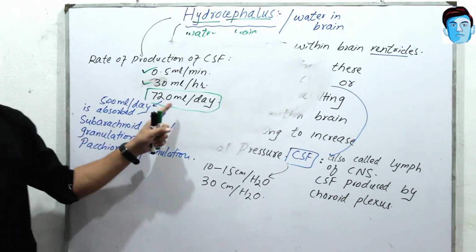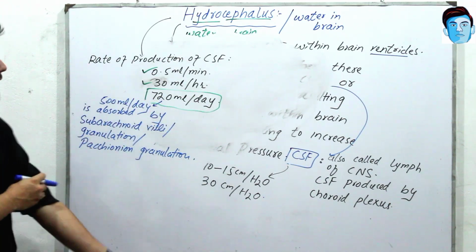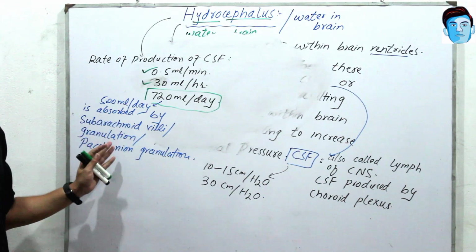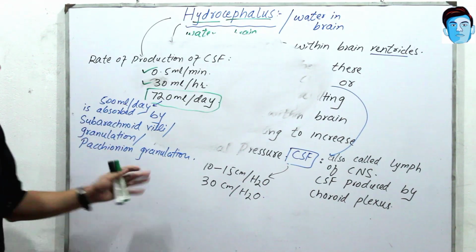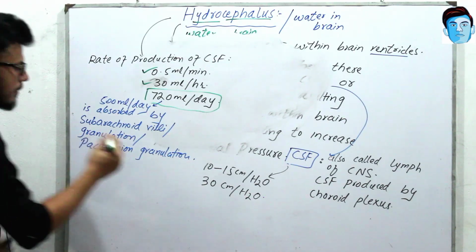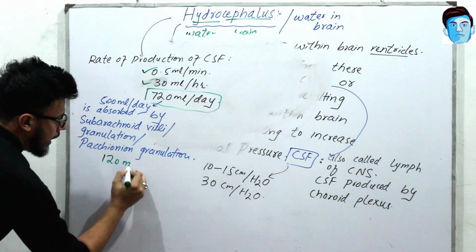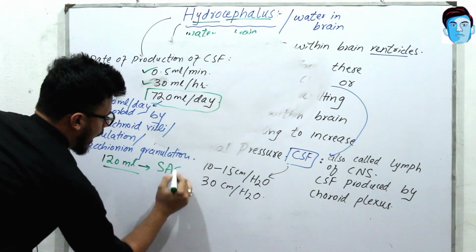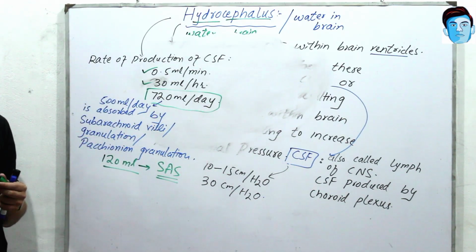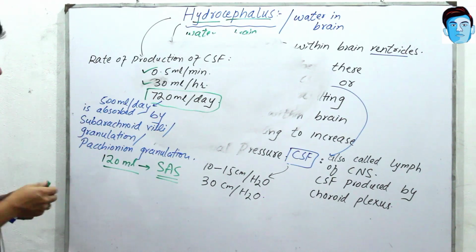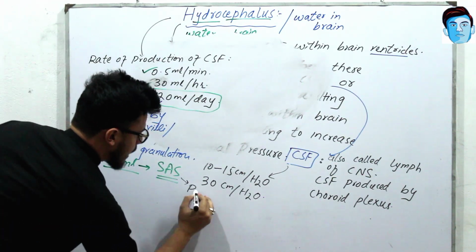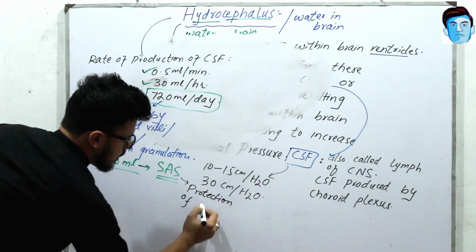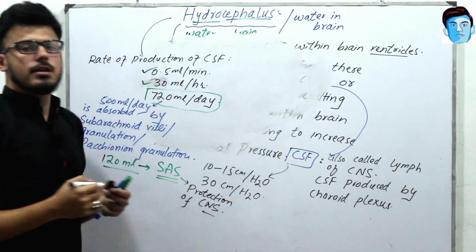Out of 720 ml, 500 ml is reabsorbed, while the remaining 120 ml is present in the subarachnoid space, where the major function of CSF is protection of the CNS, that is, the brain and spinal cord.